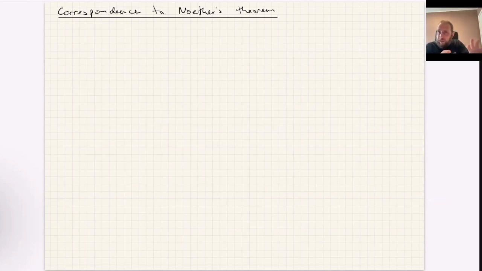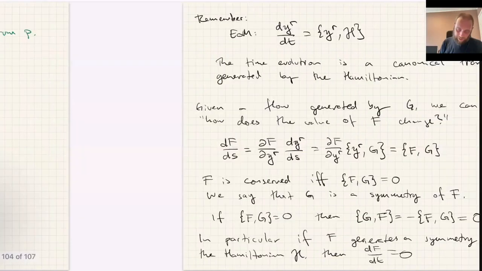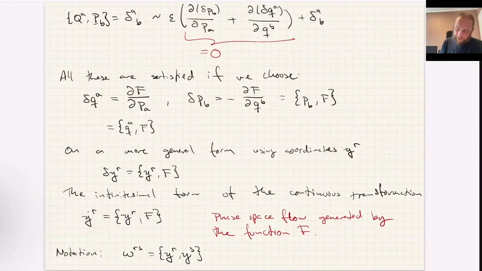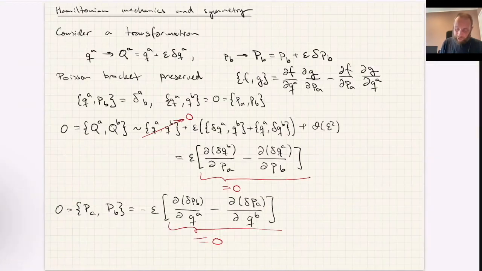So we were only looking at transformations that changed the coordinates of configuration space into new coordinates on configuration space. This is a little bit more restrictive because here in general, these canonical transformations that we're talking about, these deltas can depend both on p's and q's.